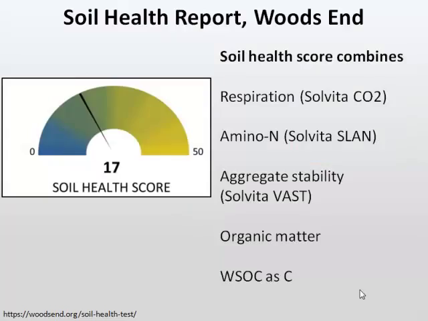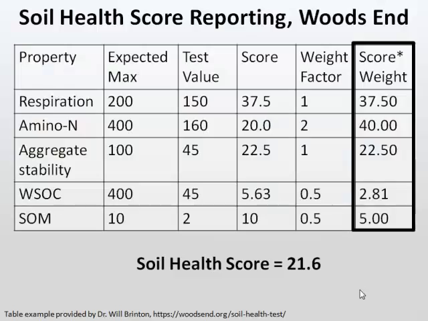So we saw the Cornell indicator, tallying all the things that were on that test. Here's what the Woods End soil health score tallies. It combines all these things and gives you a readout. And all these values are weighted, right? So you see this weight factor.